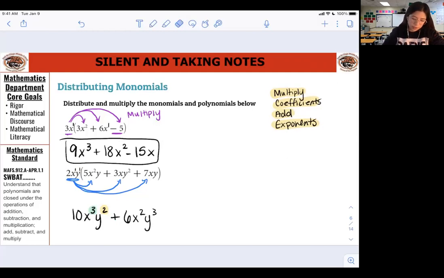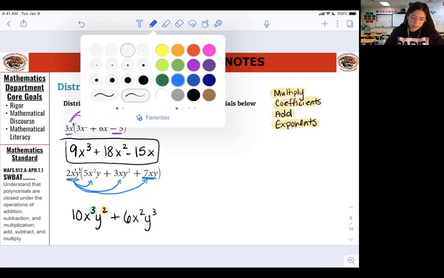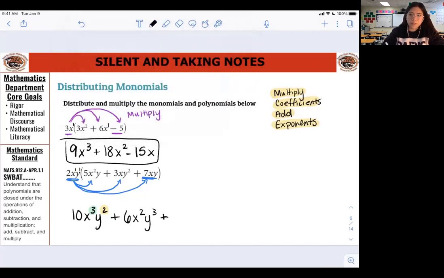Last one. 2xy times 7xy. First I get 2 times 7 is 14. And then they would both have a 2, because again, I'm just adding those exponents.